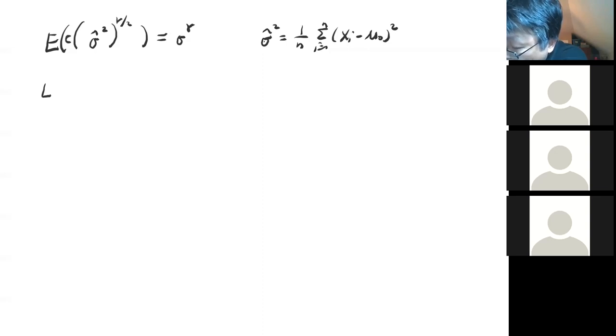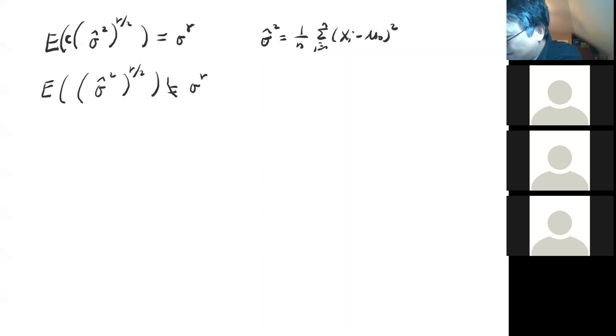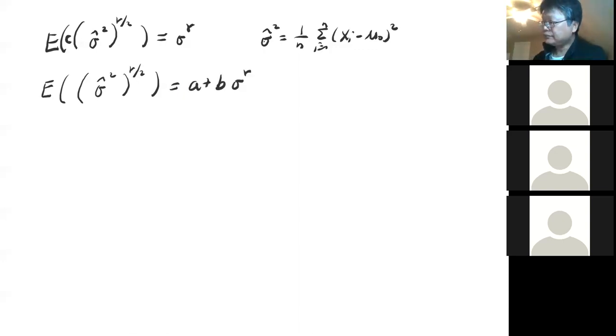Like I said, if I can derive this, it may not necessarily equal sigma to the gamma exactly, but I cross my fingers, saying if I do that, could I actually find A plus B times sigma to the gamma?